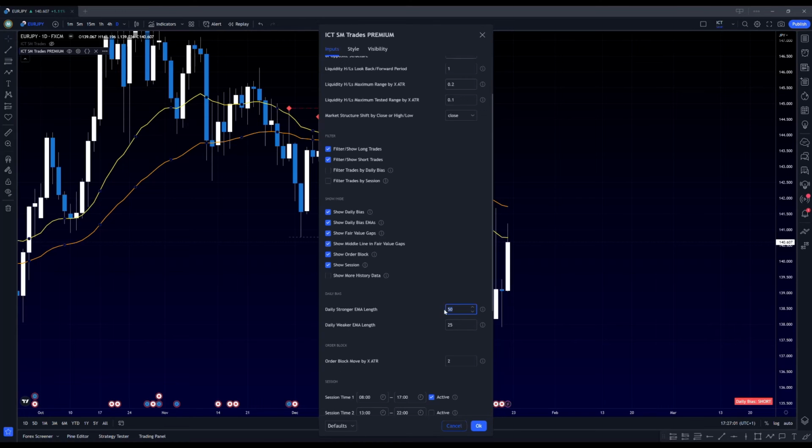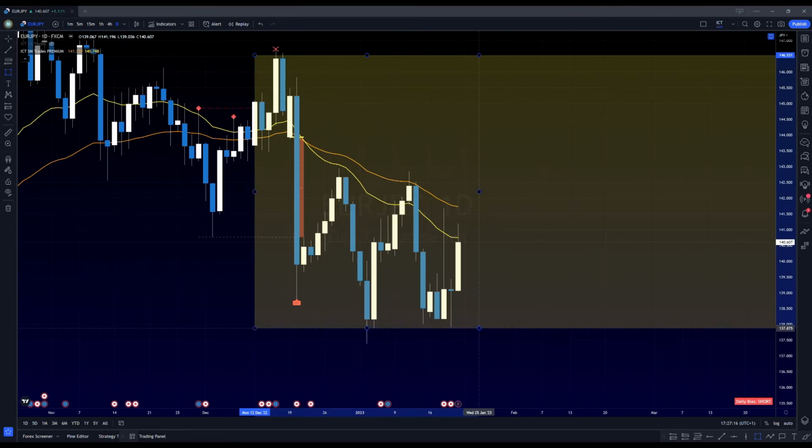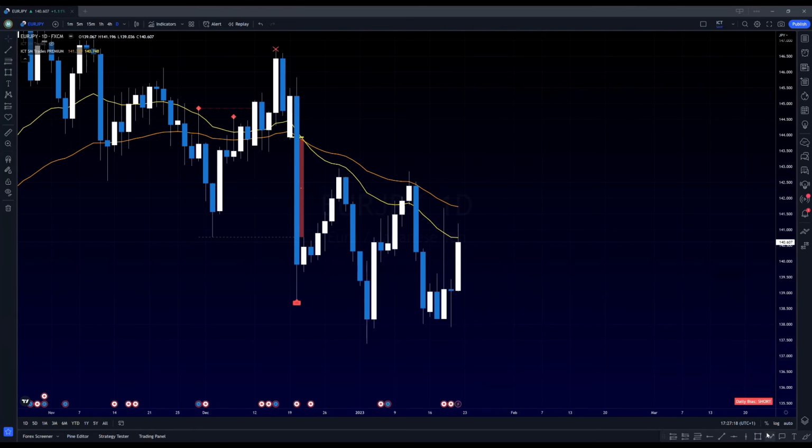The stronger is the average of 50 candles back, and the weaker is 25. So it is framing only this price action, because from here it is the downtrend.